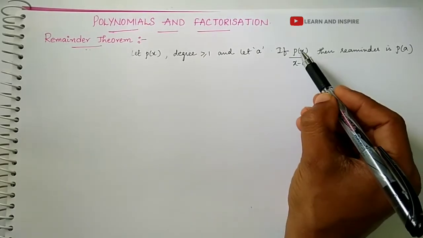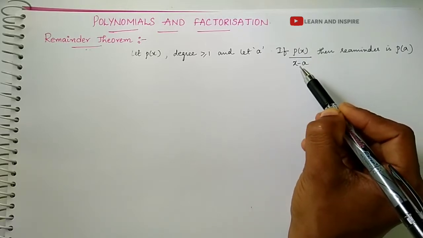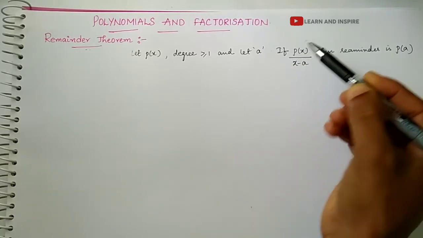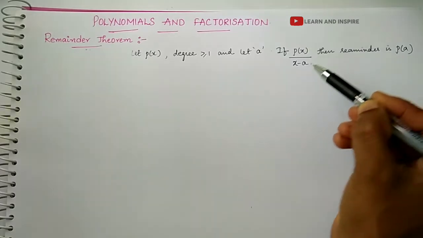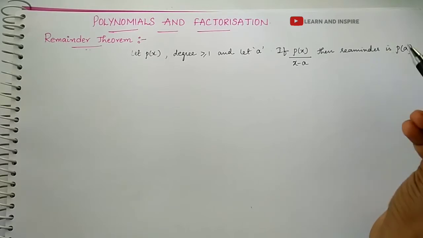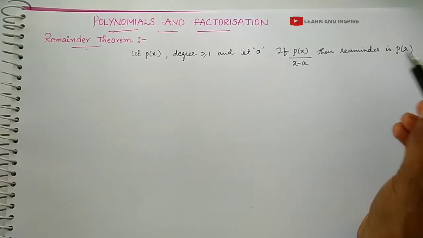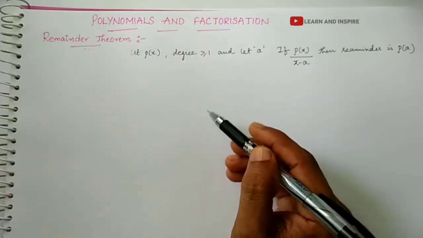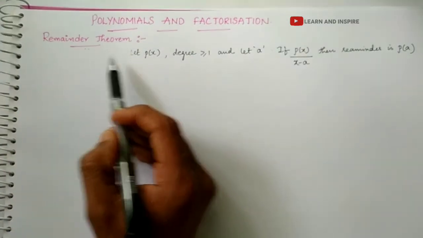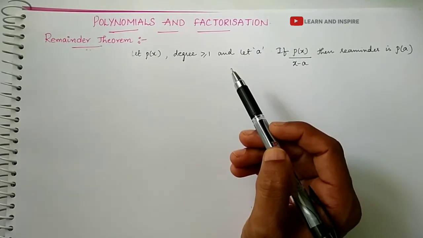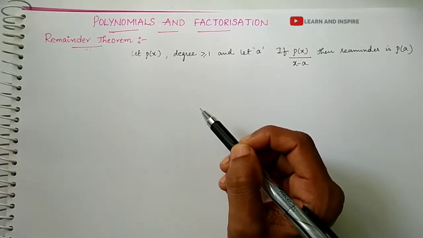If p of x is divided by x minus a, which is a linear polynomial, then the remainder is p of a. Understood? Based on this theorem we'll solve exercise 2.3. I hope you have understood this statement, and from it we can learn a few problems. So let us see exercise 2.3.